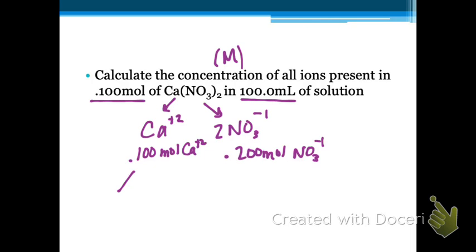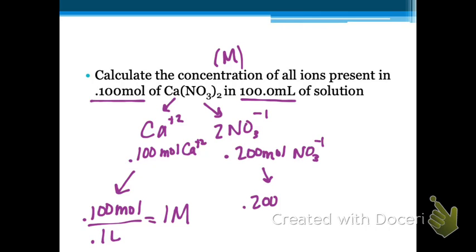So if I'm going to solve for concentration of calcium, I'll go 0.1 moles divided by 0.1 liters. That gives me 1 molar. Here I would go 0.2 moles of nitrate over 0.1 liters, and I get 2 molar.